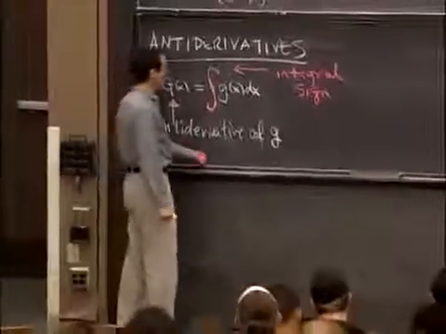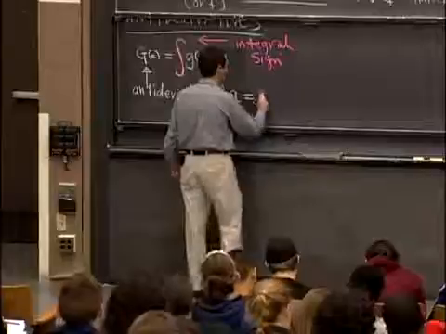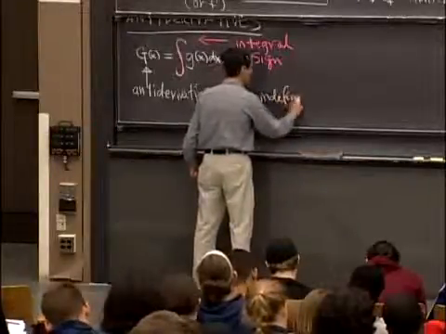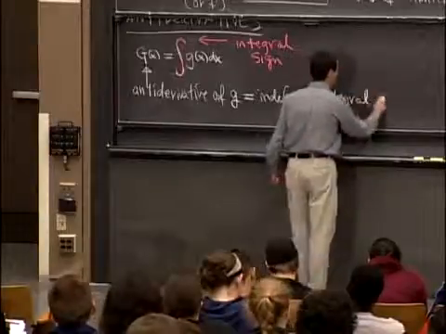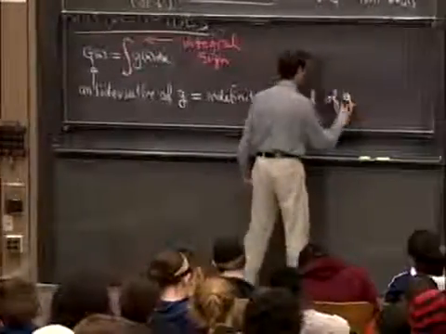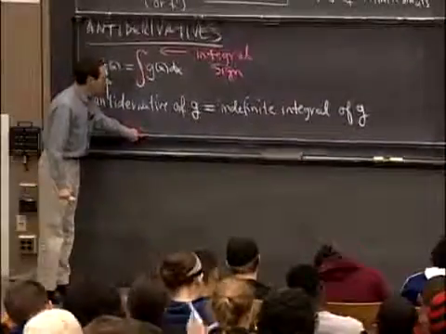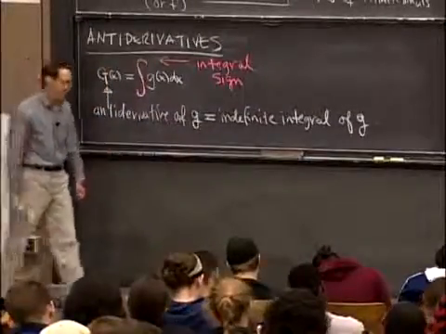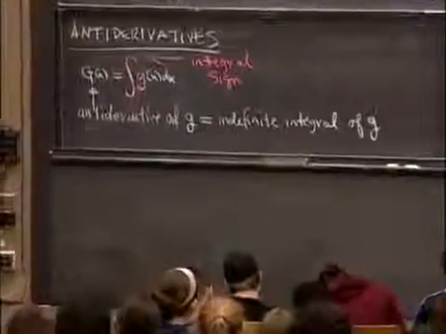And another name for the antiderivative of g is the indefinite integral of g. And I'll explain to you why it's indefinite very shortly.